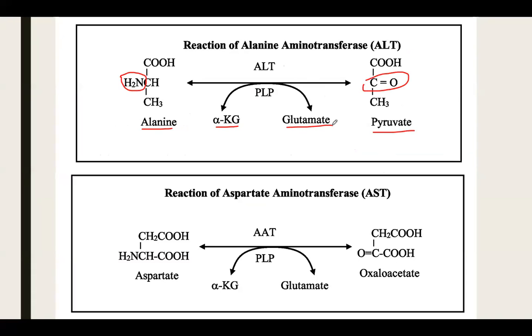As I said, glutamic acid is the boss, the president amino acid, which accepts the amino group from all of the remaining amino acids. We have 20 amino acids. All of the 19 other amino acids give the amino group to alpha ketoglutaric to form glutamic.